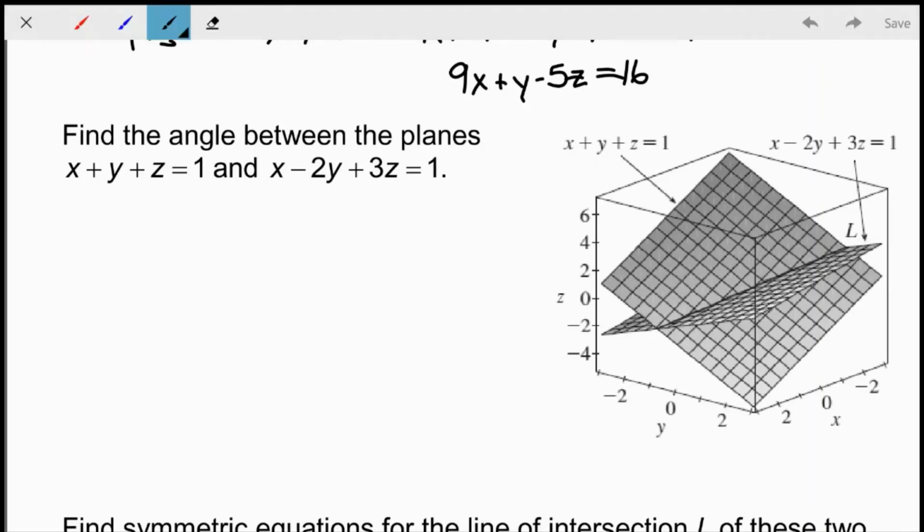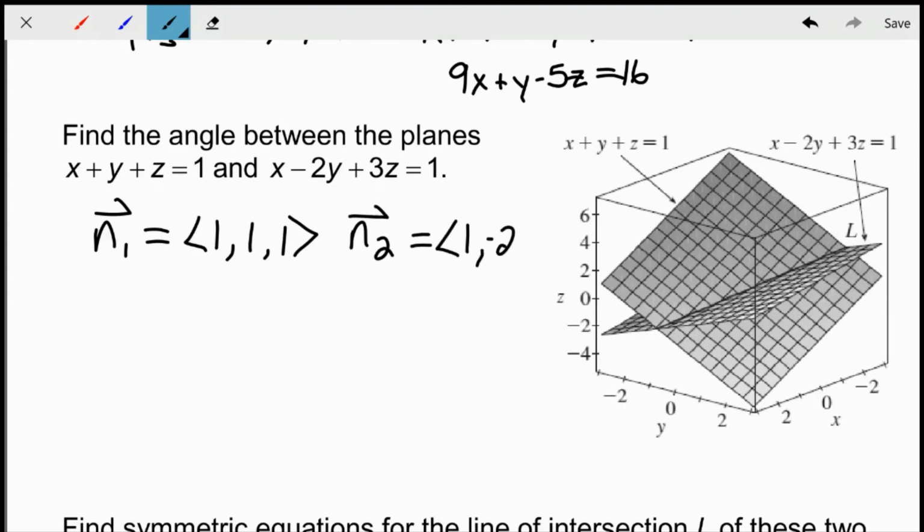So that's all I'm going to do here. I'm going to say, okay, well, normal vector 1 clearly is just 1, 1, 1. And normal vector 2 is 1, -2, 3. Okay, so those are my two normal vectors, the vectors normal to those two planes. Once I've got that, how do we find the angle between two vectors?